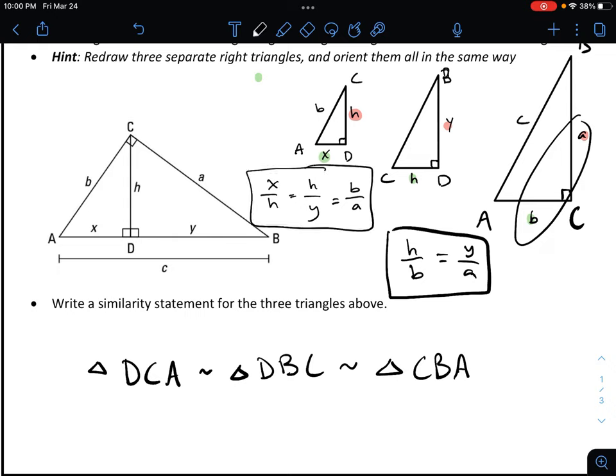This would be true. And you could pick any two of these, and that would work out for you where you solve that proportion. But if you were to compare H over B, which we do here, that would have to equal Y over A, which we have here. All right. So again, with the proportions, you can really pick any two that you want and then just run with it.